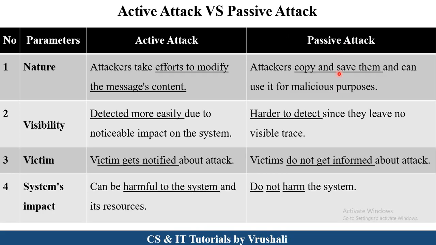They save your original username and password in their database and use these details for the next malicious purpose. Now, an active attack is very easy to detect because it has a complete impact on the system. In a passive attack, they just analyze the information. That's why it is very hard to detect. In an active attack, the victim gets notified, right? Because modified or unwanted information is sent to the receiver. So they understand that this is fake information, not a real one. But in a passive attack, the victim does not get informed about the attack. They just analyze the information.